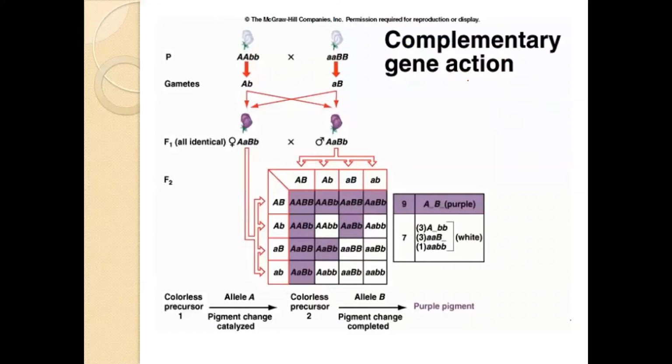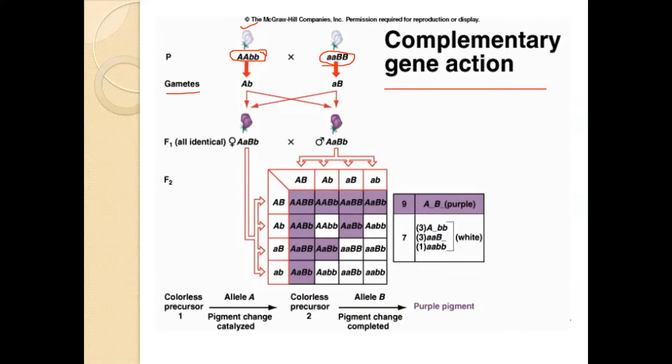We will see here what a complementary gene action is. In both of these cases, capital A, small b and small a, capital B, are in a homozygous condition. Both pairs of genes are present in a homozygous condition. So until and unless one dominant gene is present for both of these genes, the characteristic is the white flower.